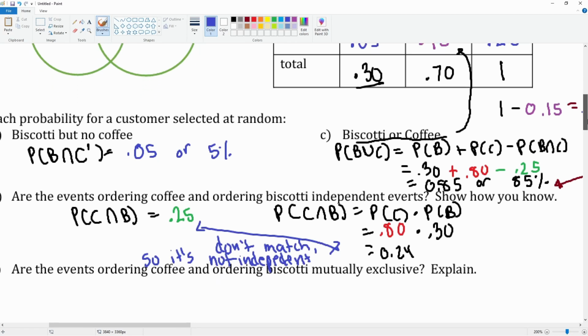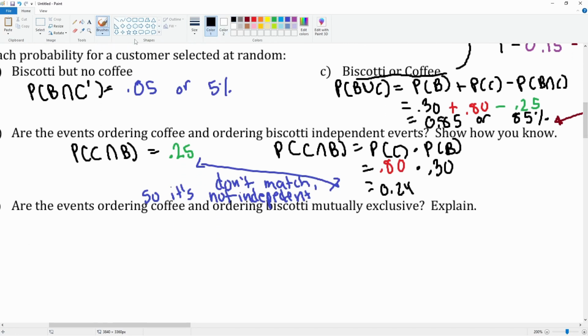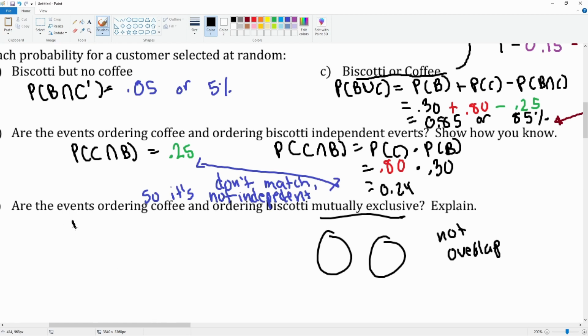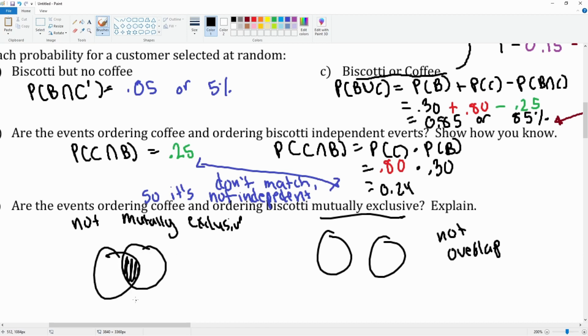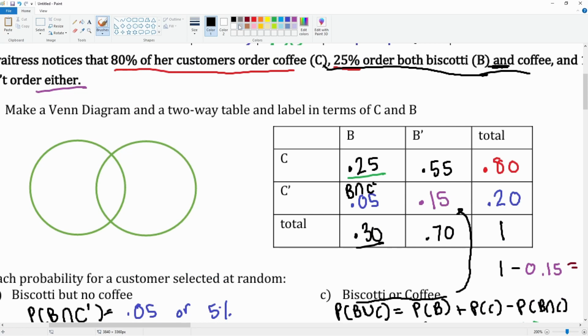So now, are they mutually exclusive? Well, mutually exclusive means there's no overlap. But this is not mutually exclusive when they overlap, right? There's overlap. If we take a look at the Venn diagram, the 0.25 is the intersection. The left side here is the biscotto only, which is 0.05, which is this part.